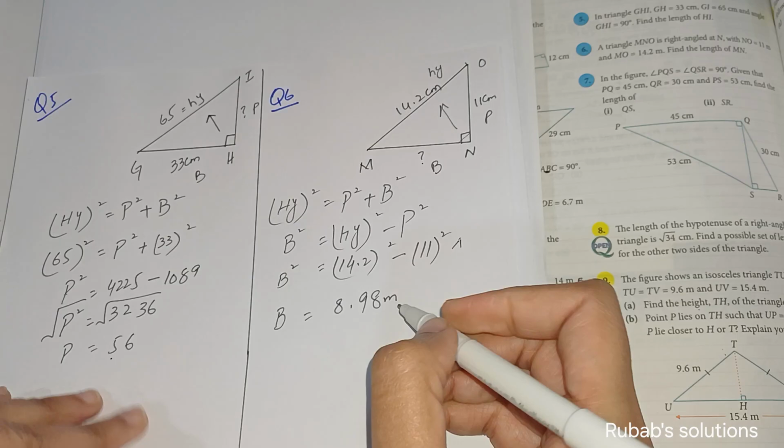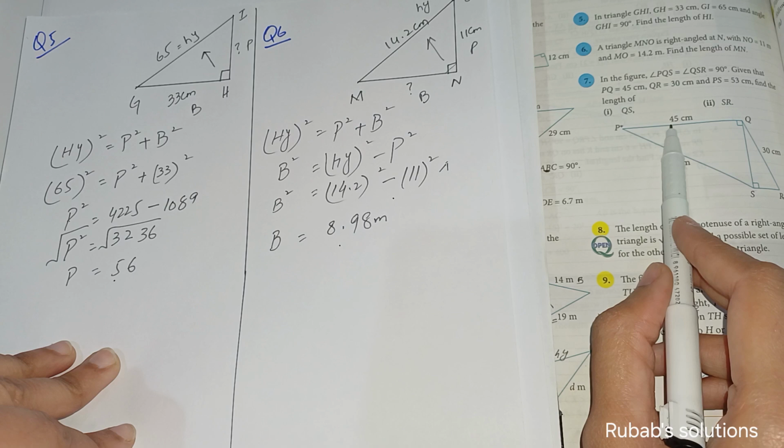Okay, moving towards part D. Part D is given 14.5, 24.7 and d. So again this is a right angle. Opposite of the right angle, this is your hypotenuse, and hypotenuse is given, so that means we have to figure out again perpendicular. Hypotenuse square is equal to perpendicular square plus base square.